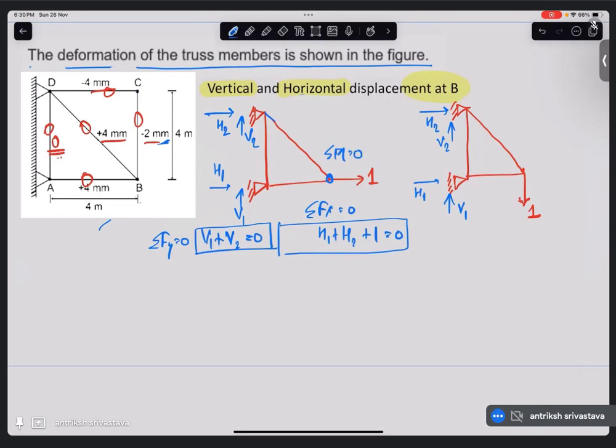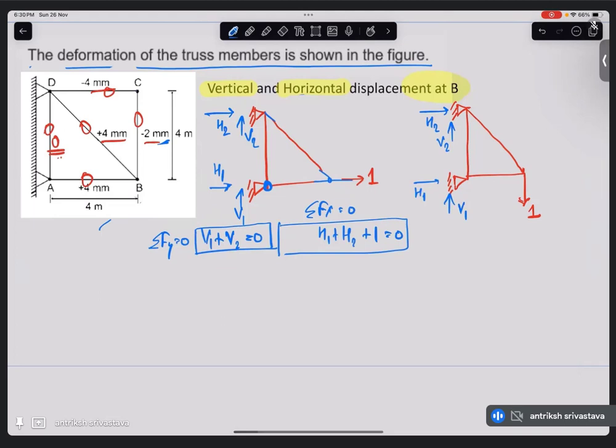It will be easier if we take the moment at this point equal to 0, because most of the forces are going through this particular axis, so we don't have to worry about them.